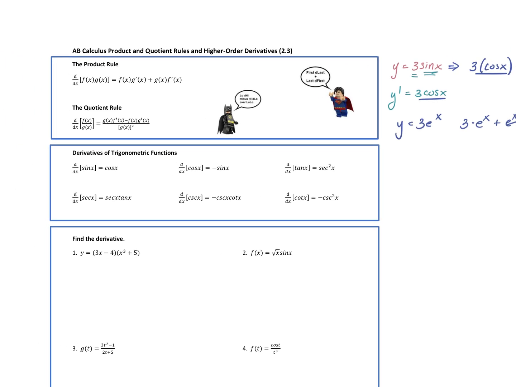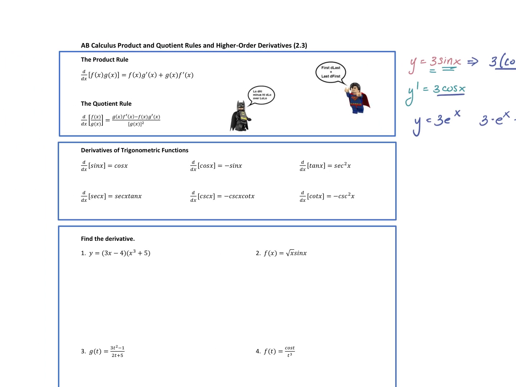Then we have the quotient rule. Quotient rule is going to be low d high, so it's low, derivative of the top d high, minus high d low over the bottom squared. And then additionally here we have all the trig functions. We've done sine and cosine, sine of x, cosine is negative sine of x.